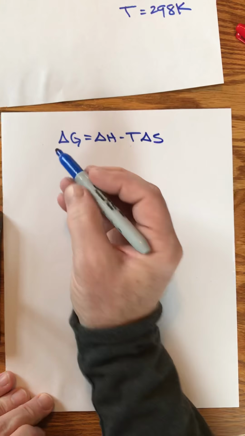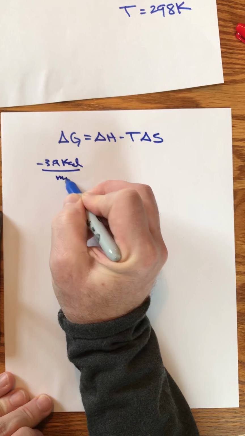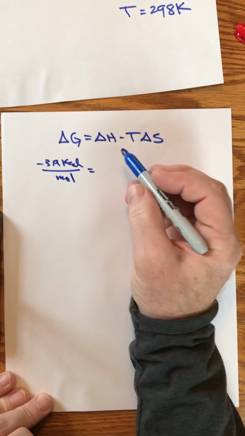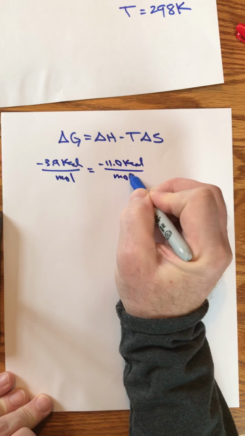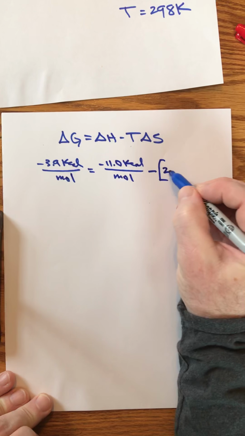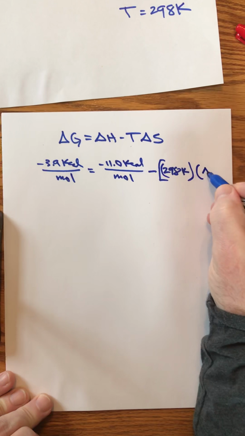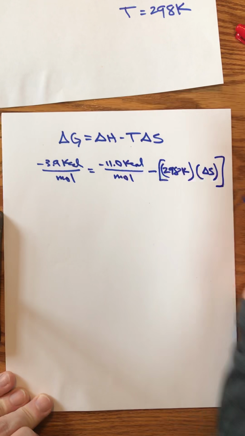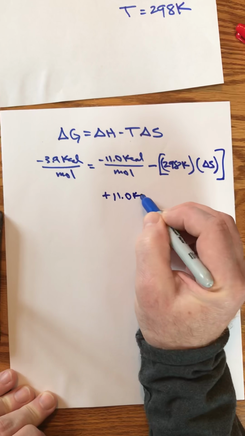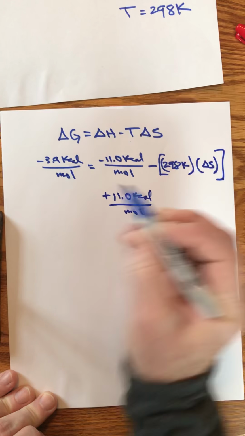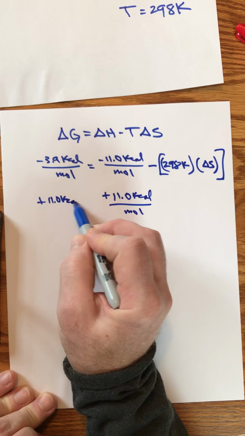They give you delta G, it's negative 3.9 kcals per mole. They give you delta H, it's negative 11.0 kcals per mole. Minus 298 Kelvin times delta S. First thing I'm going to do is I'm going to add 11 kcals per mole to each side of the equation.